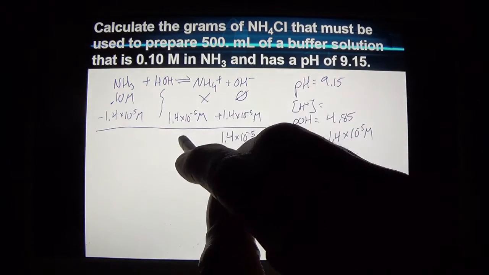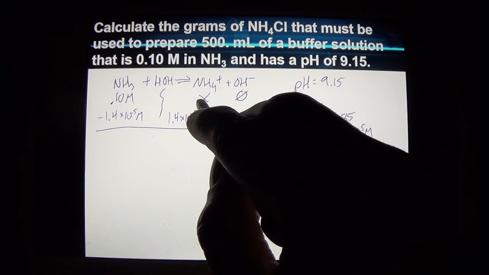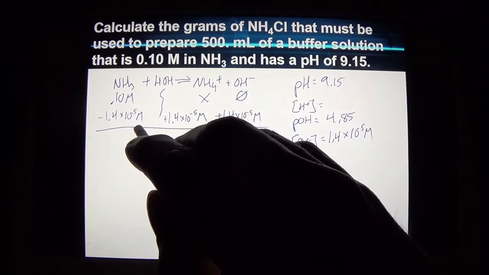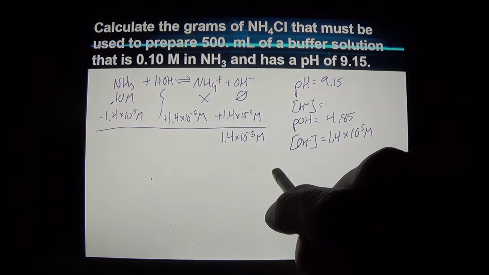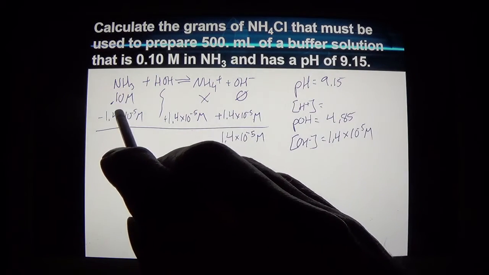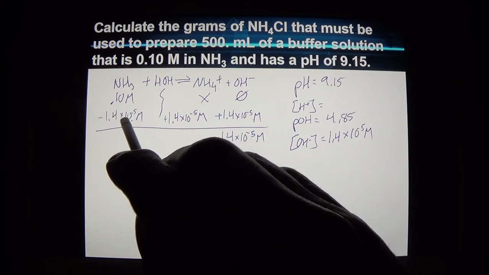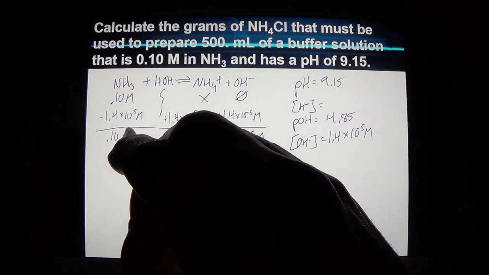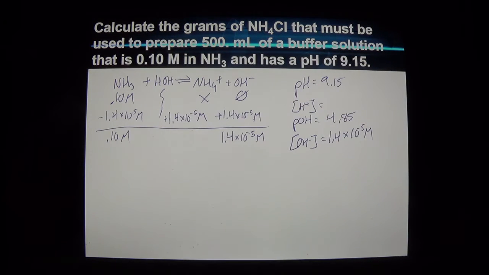So now check out what I can do. I can do some addition here, and I can do some subtraction here. Now I point this out. That is a very large number compared to that number. So I don't even need to say I'm going to assume: by the time I subtract and round to sig digs, I've got that same number I started with.